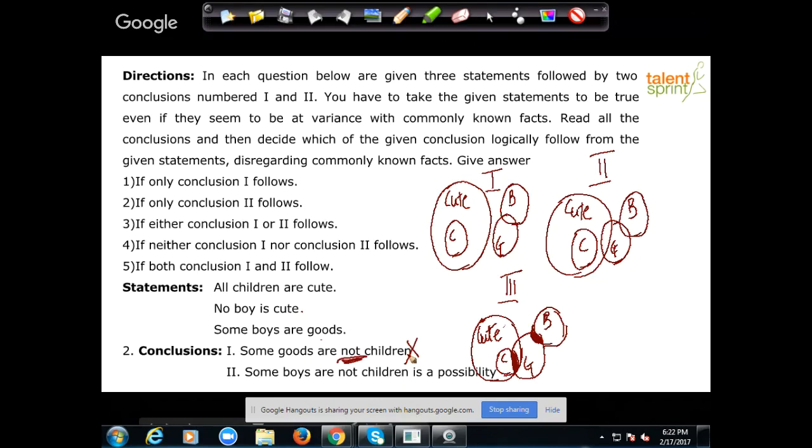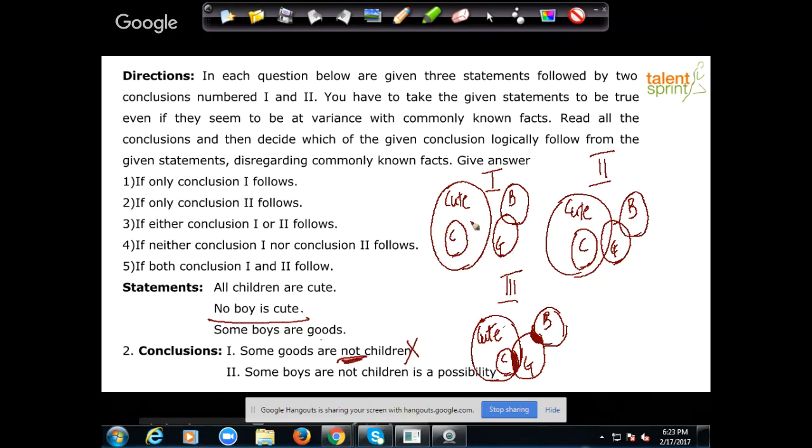Now let me go on to conclusion 2. Vivek, especially for you. Read conclusion 2: some boys are not children is a possibility. Now, we know no boy is cute, all children are cute. Children is a subset in the bigger set of cute. And we know that boys and cute cannot overlap at all because of statement number 2, that no boy is cute.